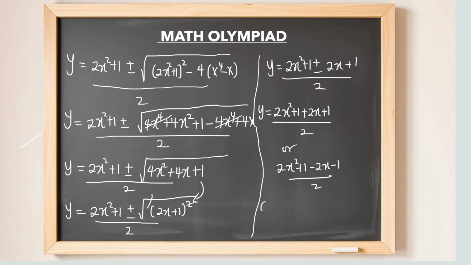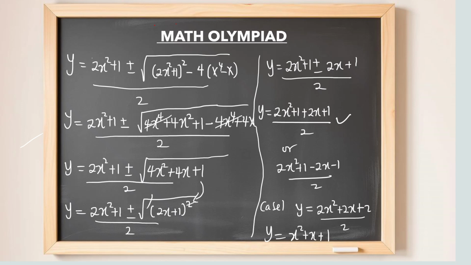For case 1, I'm going to have y equals 2x squared plus 2x plus 2, divided by 2. You can see the coefficient of 2 can cancel out, so y is going to be x squared plus x plus 1. This is case 1. What about case 2?